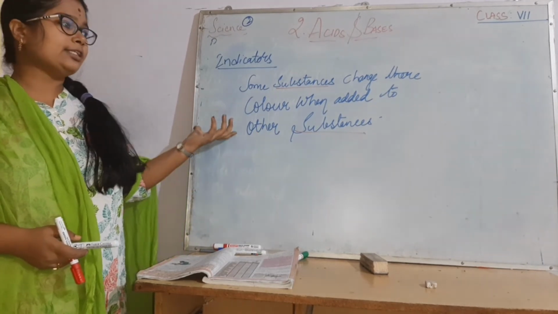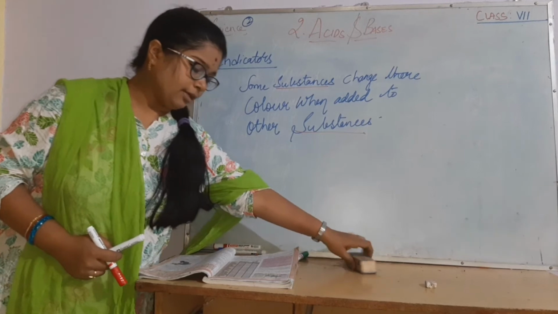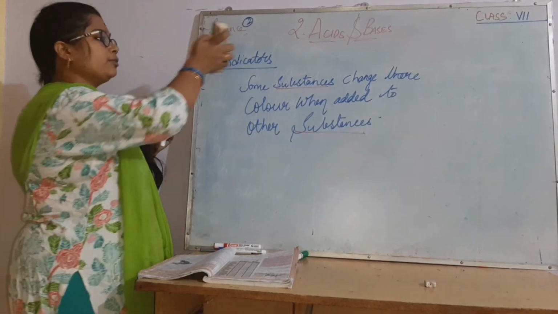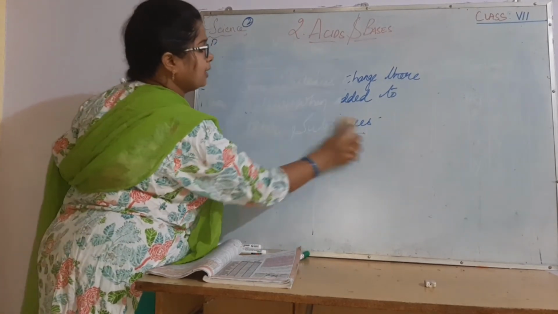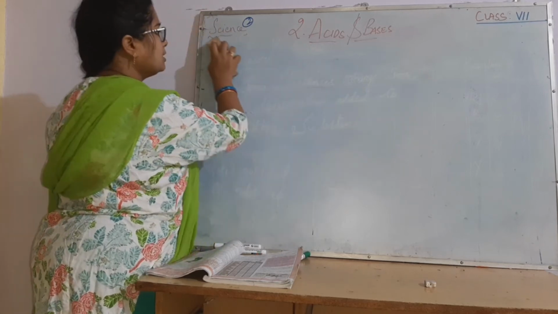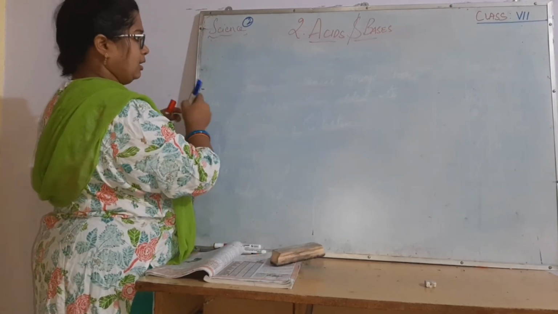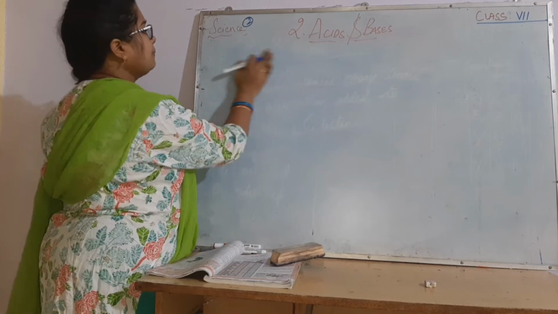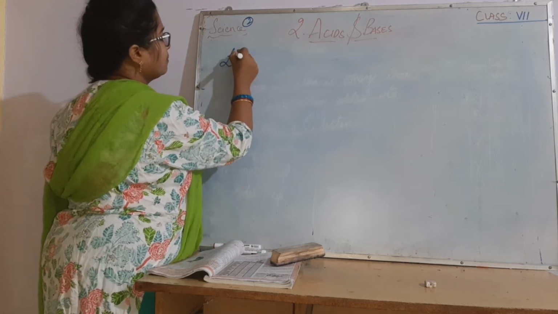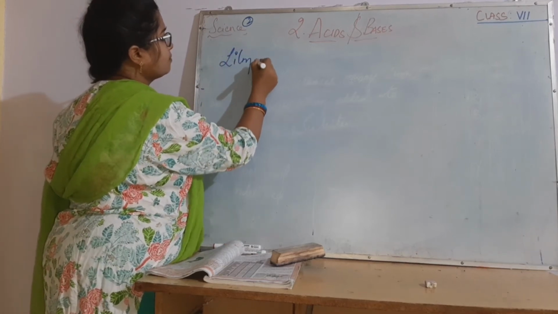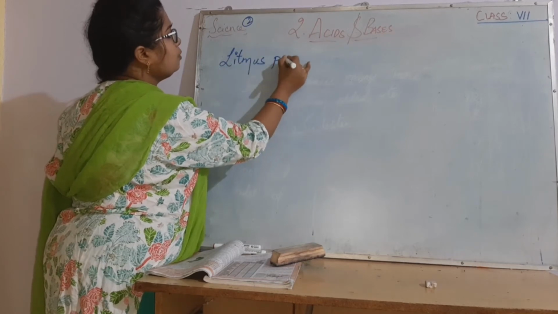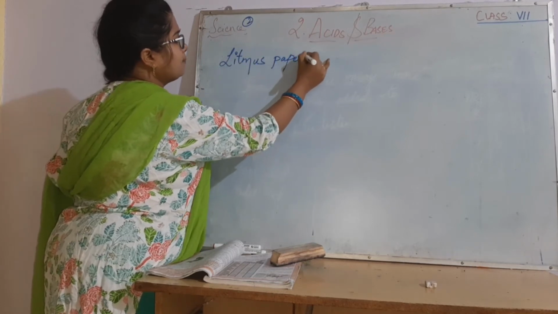Yes. Next, see another topic, that is, before going to table 3, let me explain one thing. Litmus paper. There are two types of litmus papers, like our filter papers.